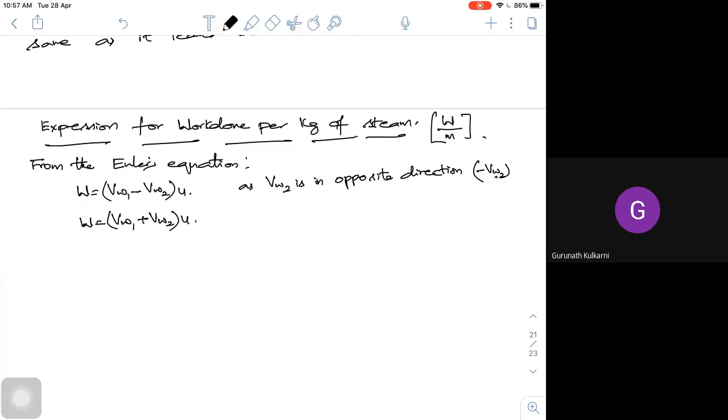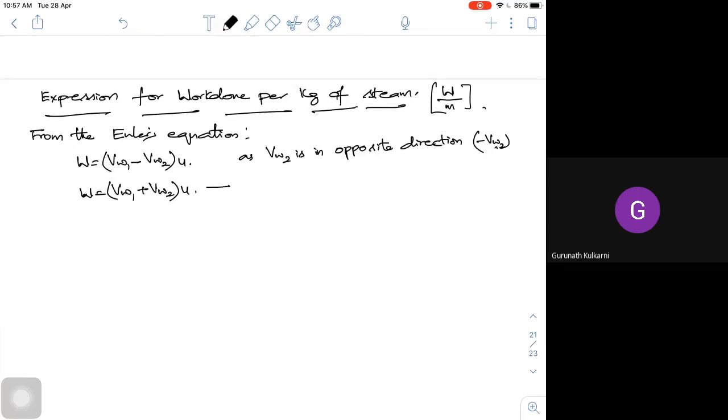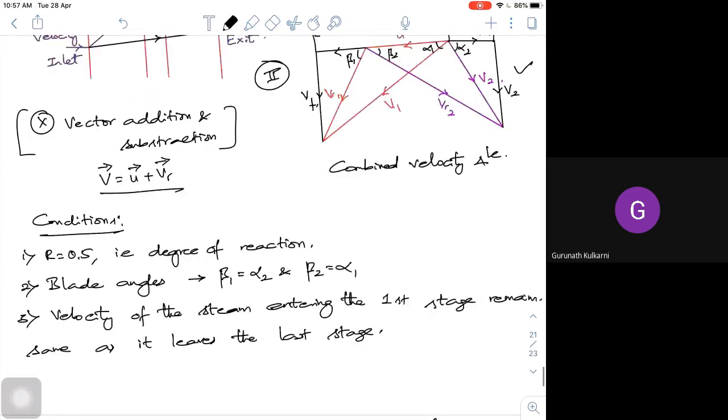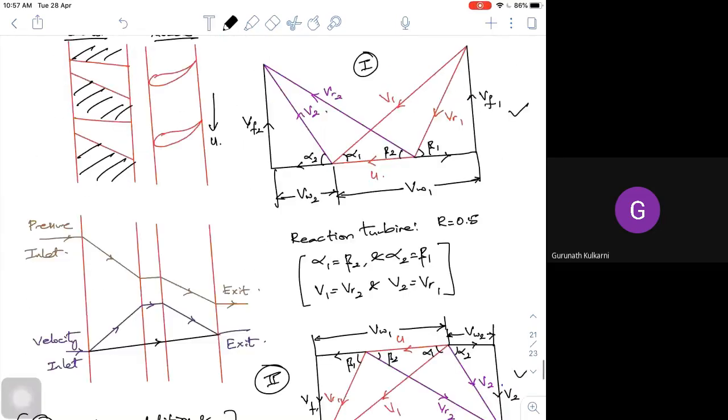Let me call this expression number 1. Now let us go to the velocity triangles. What is my cos alpha 1? Cos alpha 1 is equal to the adjacent side divided by the hypotenuse, that is VW1 divided by V1. Cos alpha 2 is equal to VW2 divided by V2.